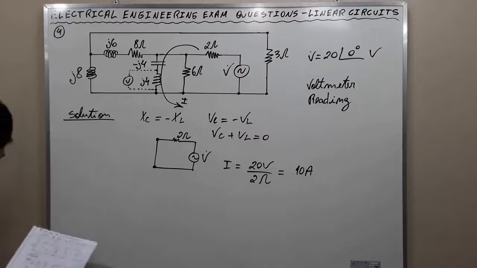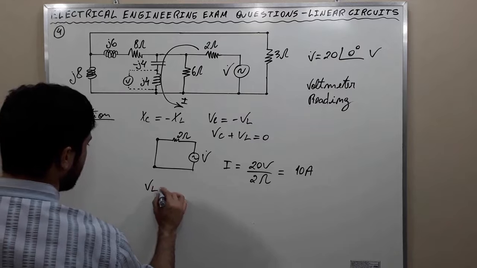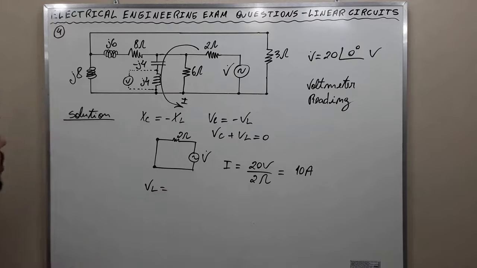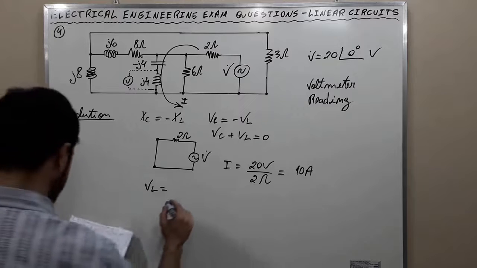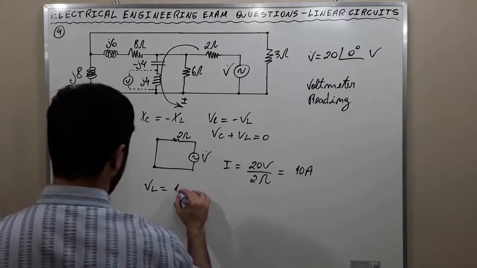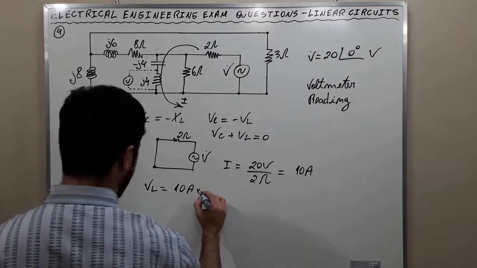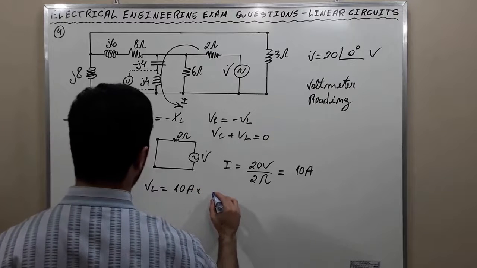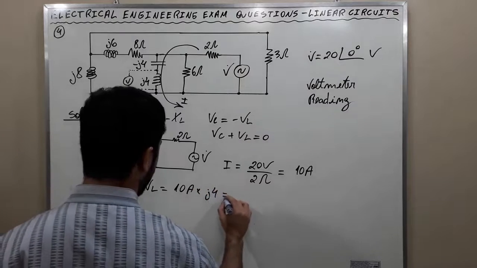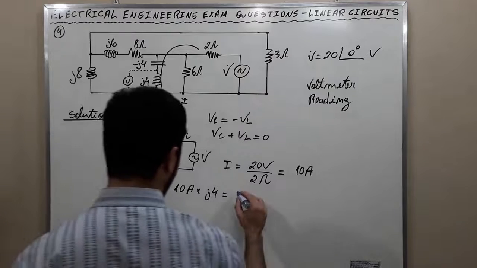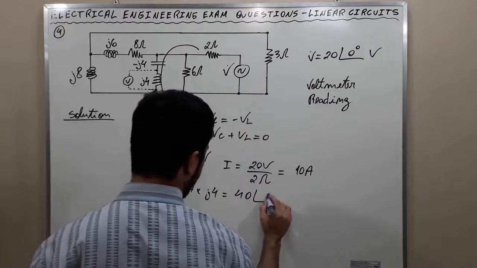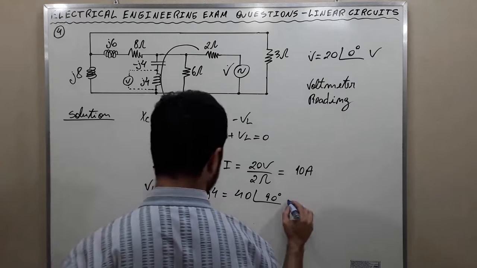Therefore, the voltage across this inductor here is going to be 10 amperes times J4, which is equal to 40 phase 90 degrees.